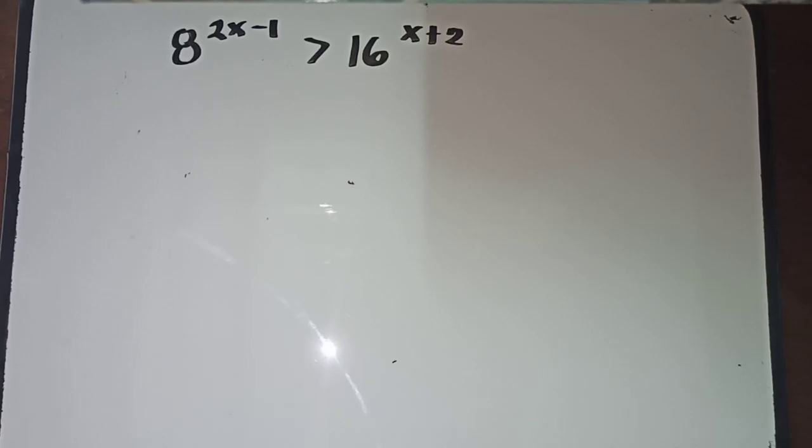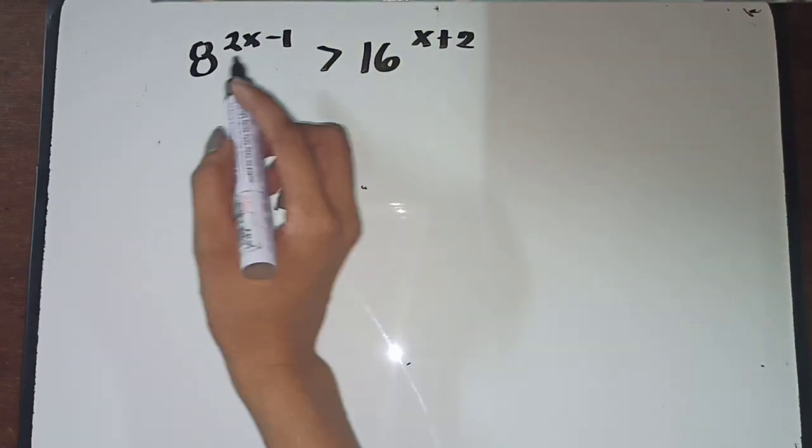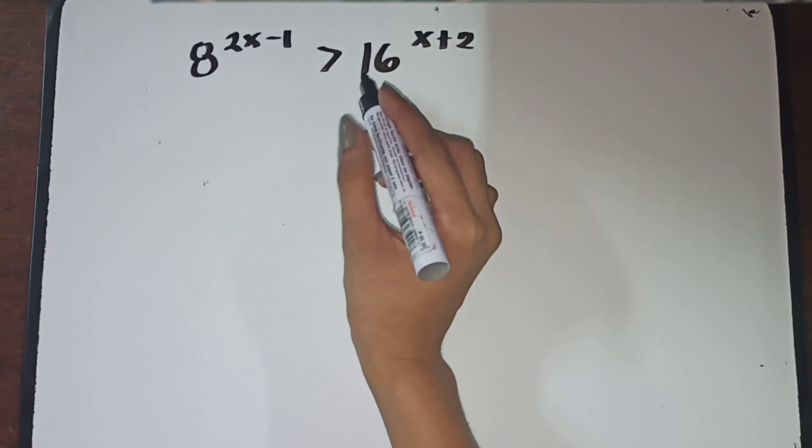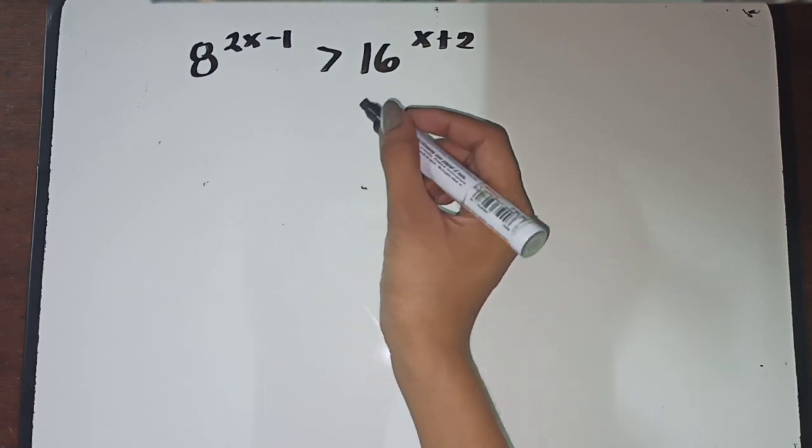Okay, another example, 8 raised to 2x minus 1 is greater than 16 raised to x plus 2. Again, the first step is you need to make the base equal. So we need to change this base into an exponential form para maging equal na yung base nilang dalawa.